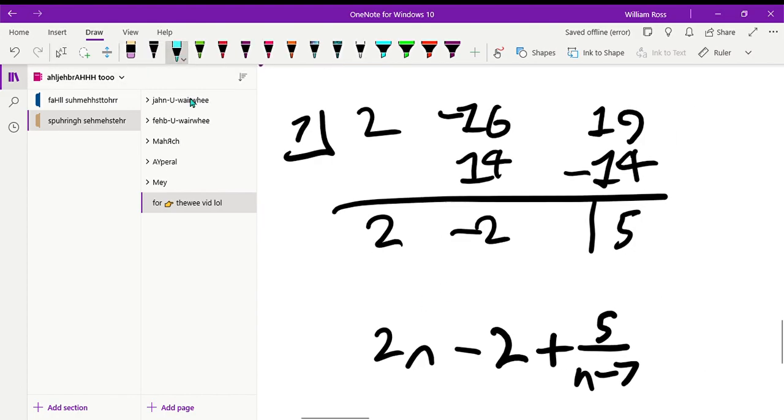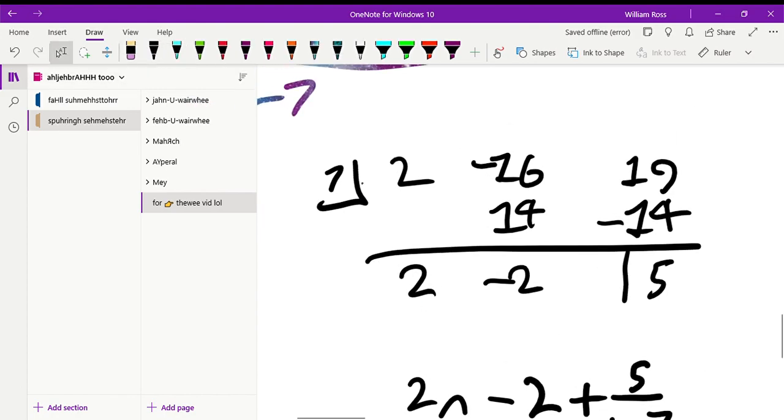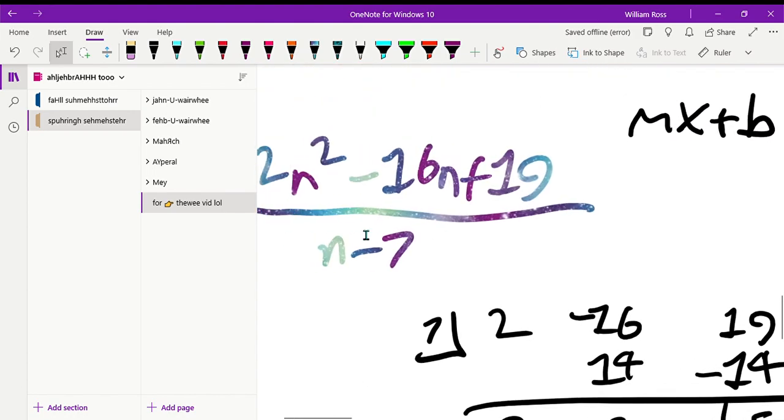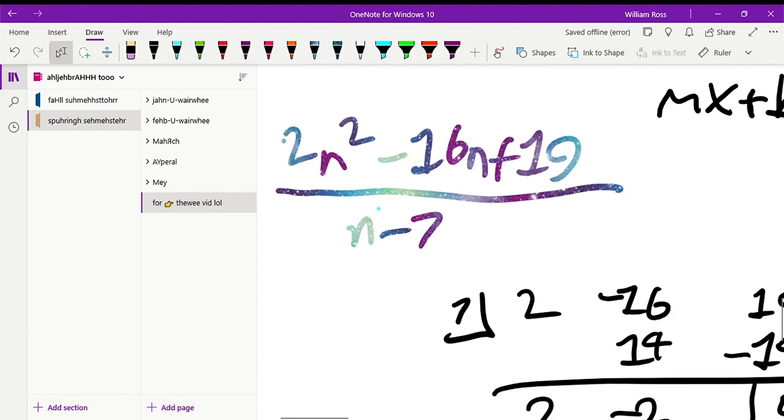Alright, so let me show you how it's done again. So first, the absolute value of b will go here. All these, let me make that thicker.